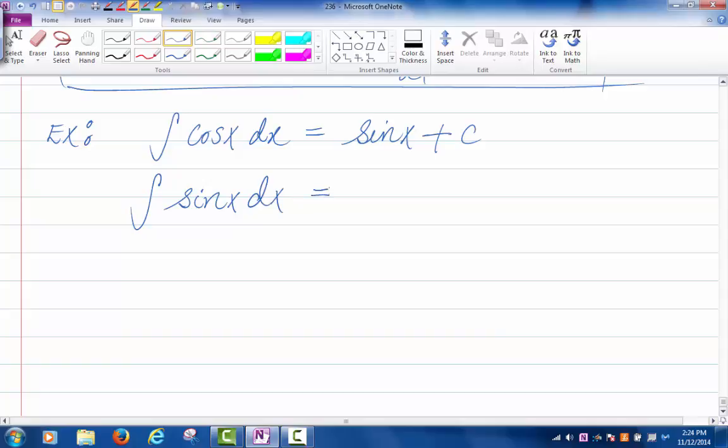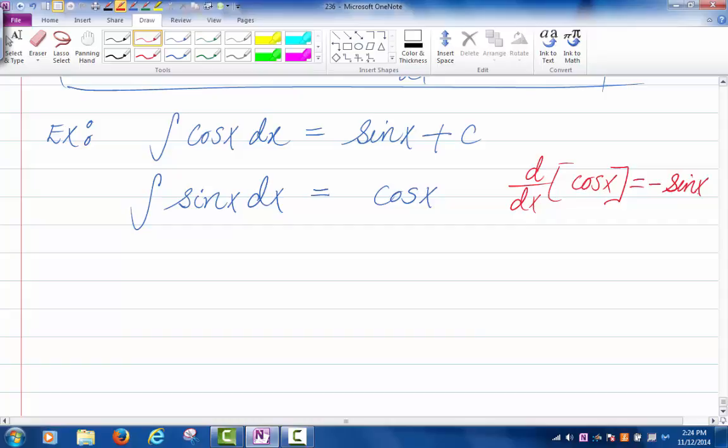This is where someone can make a mistake. Notice that when I'm taking the indefinite integral of sine x, I am looking for a function whose derivative is sine. But the derivative of cosine x is not sine, it is negative sine.